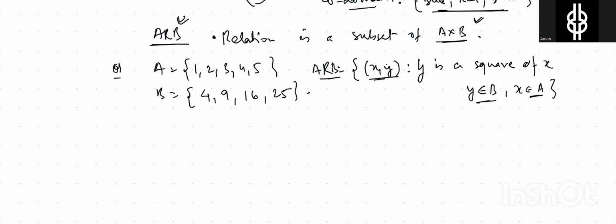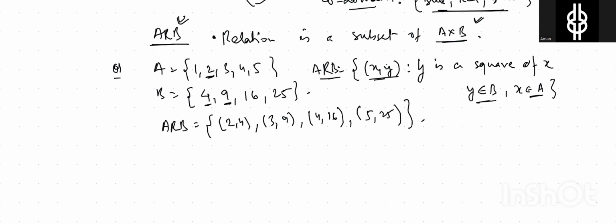You can say that A is related to B, and the relations will be 2 and 4, because 4 is the square of 2, so 2 comma 4. Okay, 9 is the square of 3, 16 is the square of 4, 25 is the square of 5.